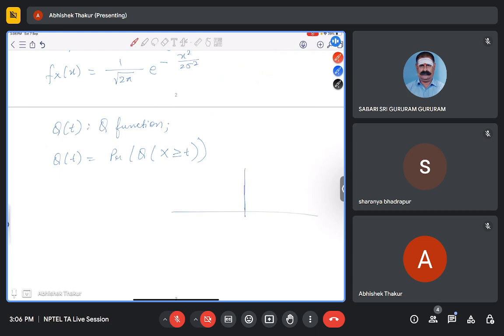Let's suppose this is our standard Gaussian random variable whose mean is at 0, so the peak value occurs at the mean. Now here the probability that x is greater than t, let's suppose this value is t, so this is our Q(t).